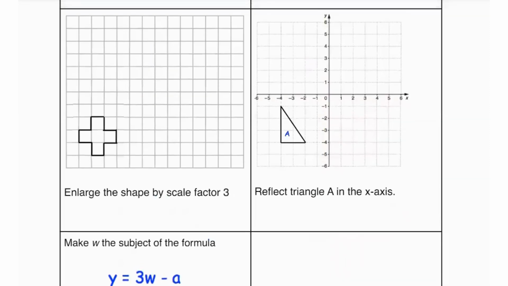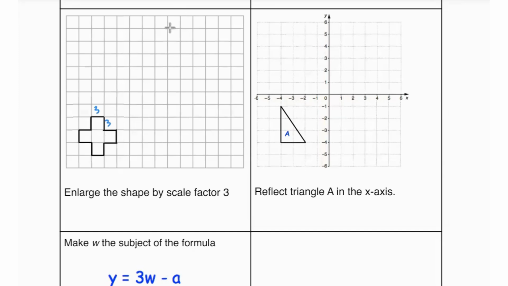In the next one, it says enlarge the shape by scale factor of 3. So they've given us this shape and we have to enlarge this by scale factor of 3, which means all of these lengths will get multiplied by 3 and that will give us a new shape. Since each of these lengths is represented by one box, this will turn into 3. All of these will be represented by 3 boxes.